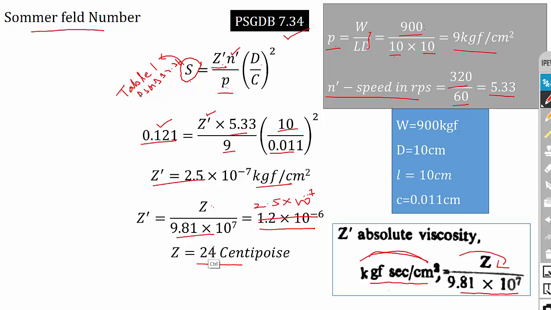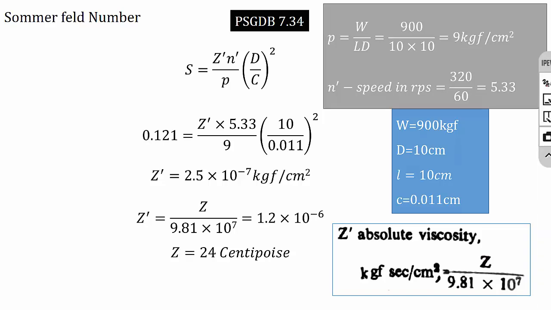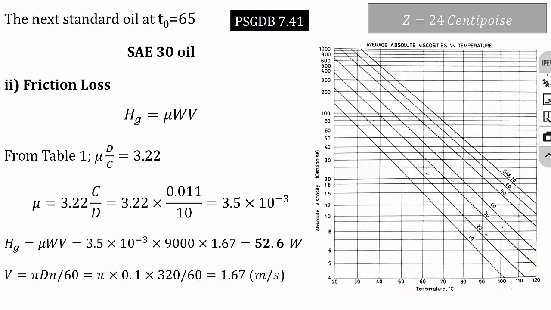Now I have calculated the value of Z. Then I can select the standard lubricant from the PSG data book, page 7.41. We have Z equal to 24 centipoise and the operating temperature given in the problem is 65 degrees Celsius. We know how to select the lubricating oil when we know the Z value and operating temperature.